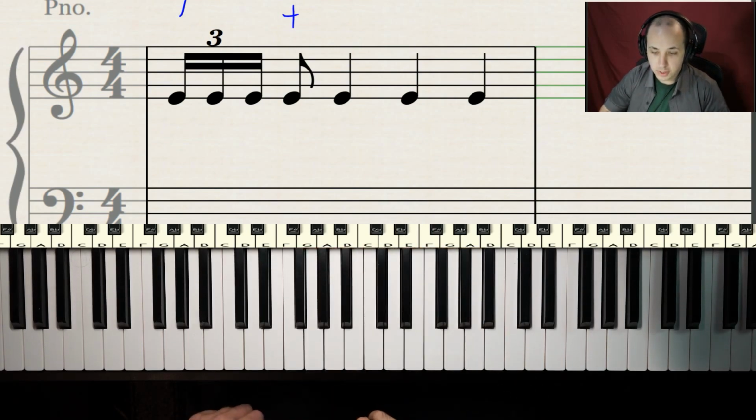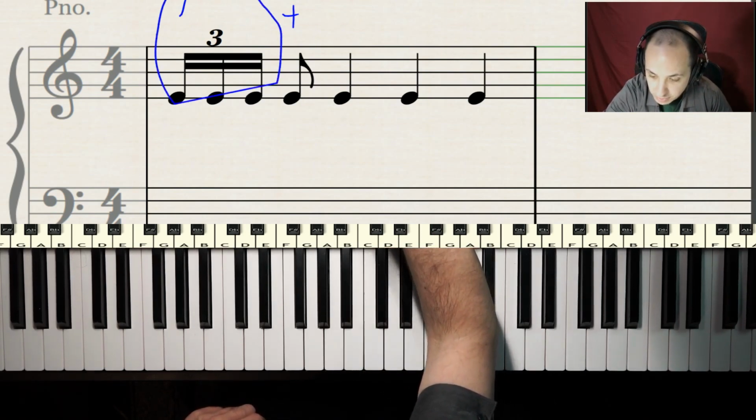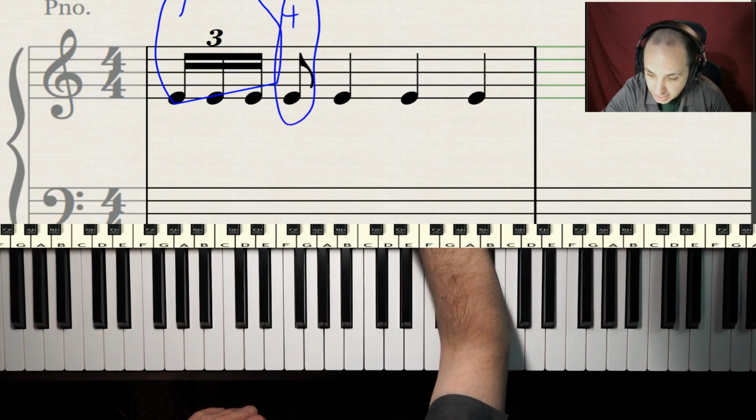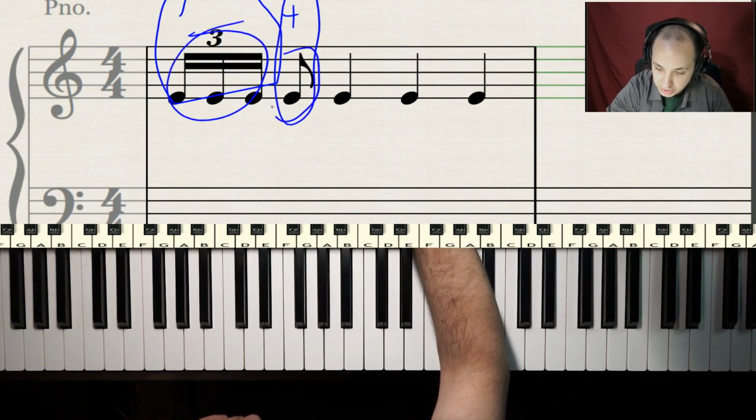So remember that beat 1 is going to fall under this first 16th note triplet, and it only takes up the first half of beat 1. We have the first half of beat 1 here, we have the second half of beat 1 there. This triplet here takes up as much space as that eighth note right there.